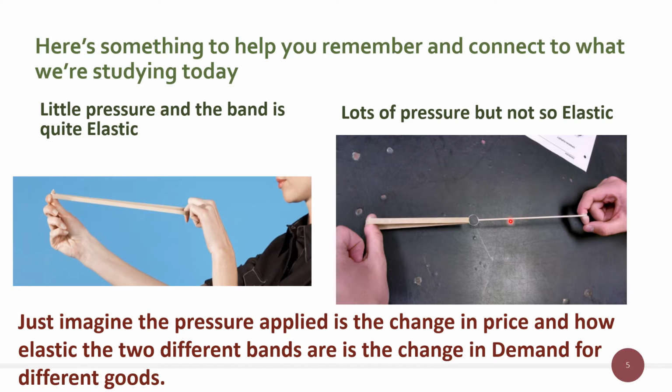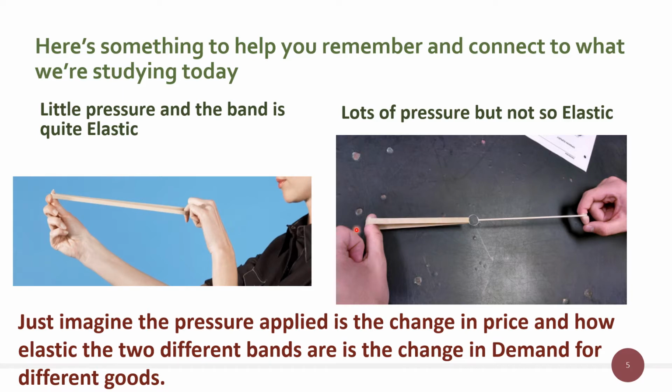You can see here a tremendous amount of pressure is applied and yet the band is not so elastic. So it is with a case of relatively inelastic demand. There is a big change in price, yet the quantity demanded doesn't change much. So this is a good example for you to remember what is relatively inelastic demand.